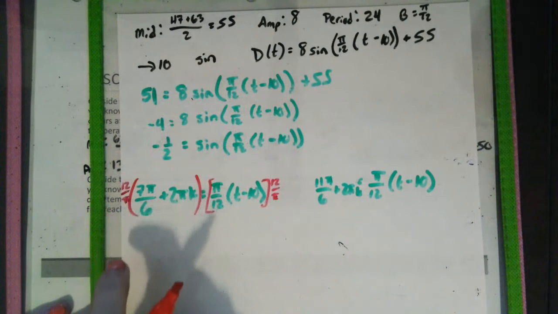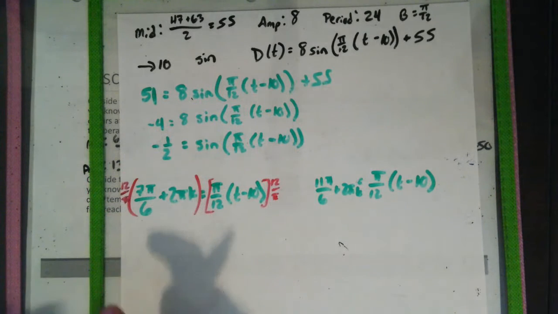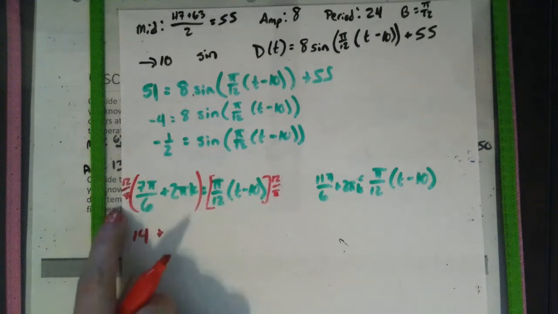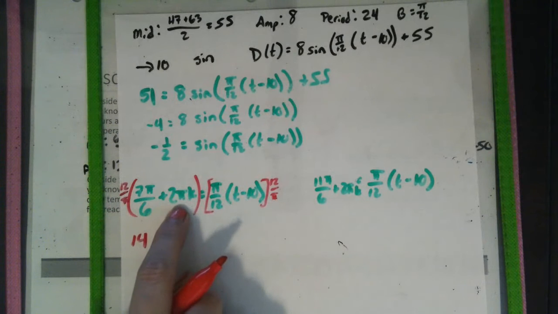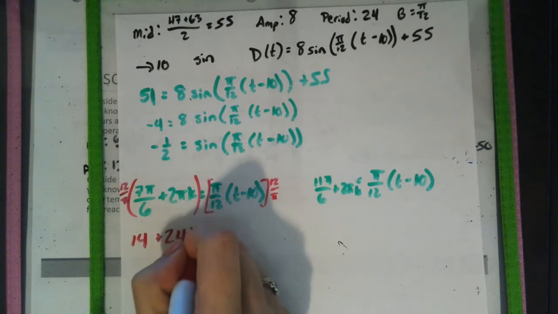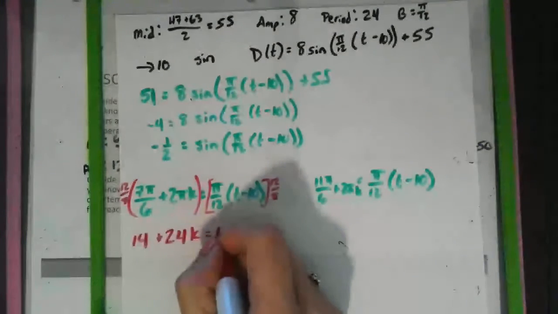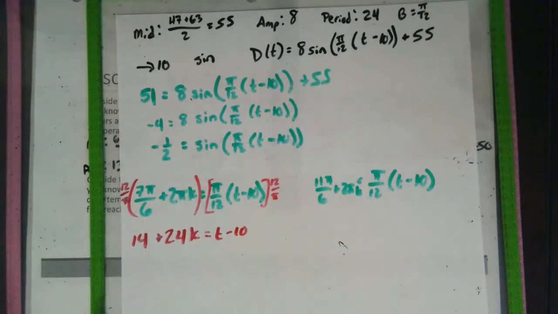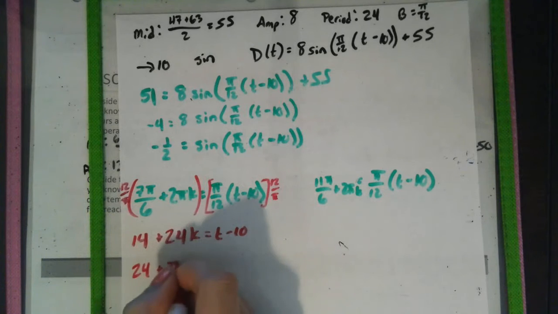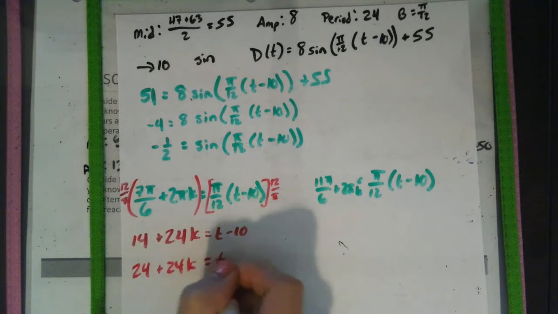In my first term, the pi's cancel out, and I'm left with 14. That's actually a pretty nice number. Plus, the pi's cancel out, and 2 times 12 is 24k, is equal to t minus 10. If I add the 10 over, I get 24 plus 24k is equal to t.